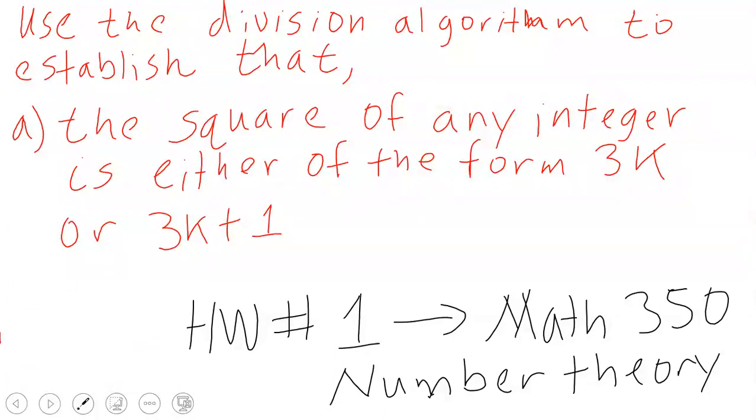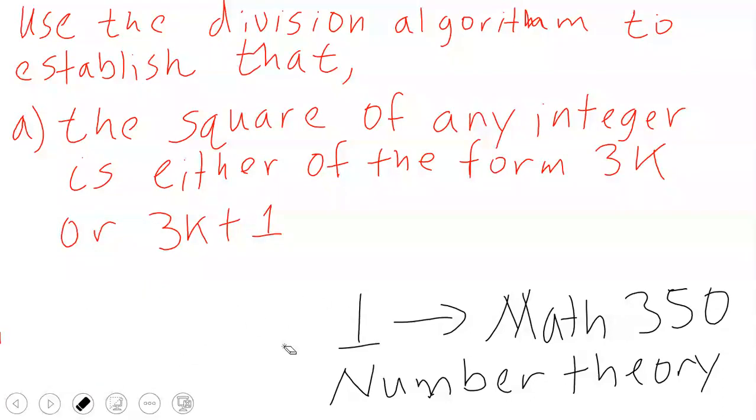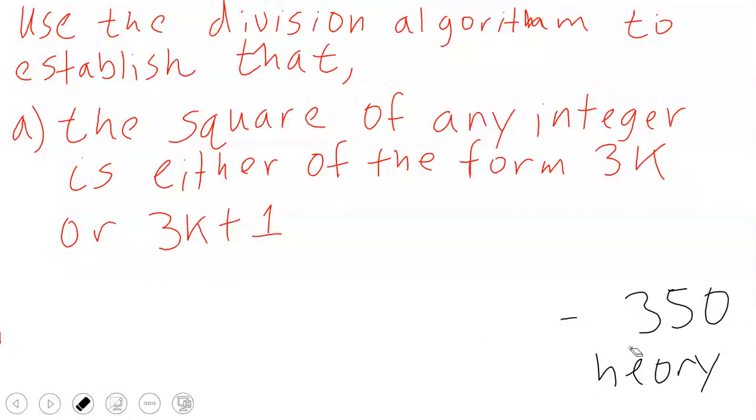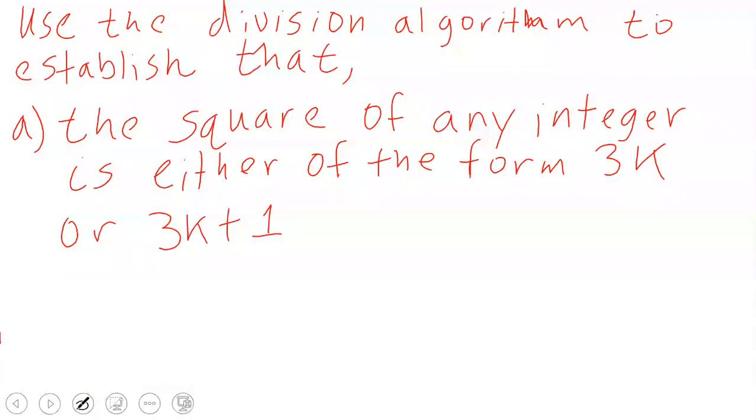But what is this statement saying? What's the claim of this statement? What does it actually mean? The square of any integer is either of the form 3k or 3k plus 1. First, let's talk about what an integer is. Integers are numbers that are part of this sequence: -3, -2, -1, 0, 1, 2, 3, and so on.